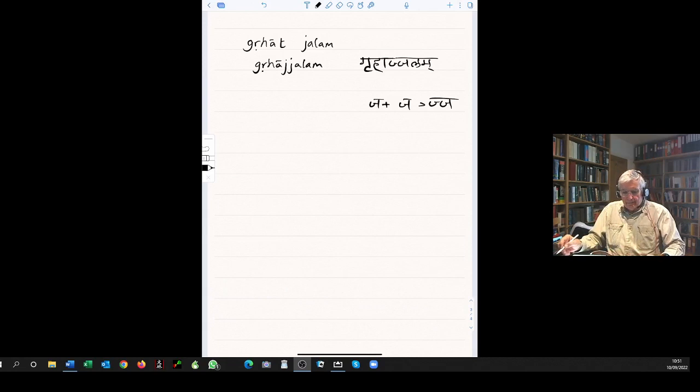And the jalam acharyaya, where you have a word ending in an M followed by a vowel, it's pronounced and written as a full consonantal M with sandhi. That's why you have jalam acharyaya.